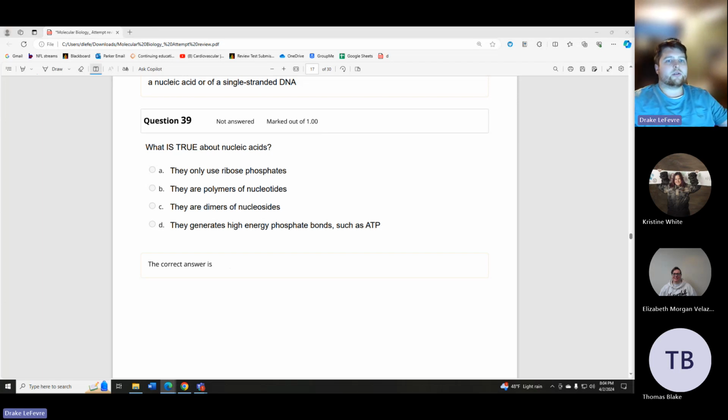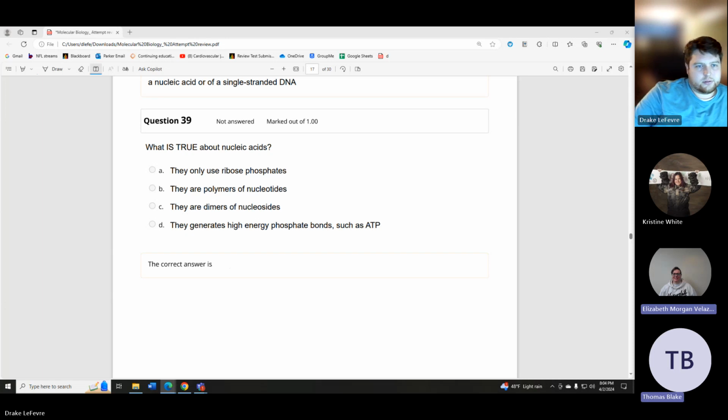Okay, what is true about nucleic acids? They only use ribose phosphates. They are polymers of nucleotides. They are dimers of nucleosides, and they generate high-energy phosphate bonds such as ATP. Polymers of nucleotides. Yeah. What does that mean?